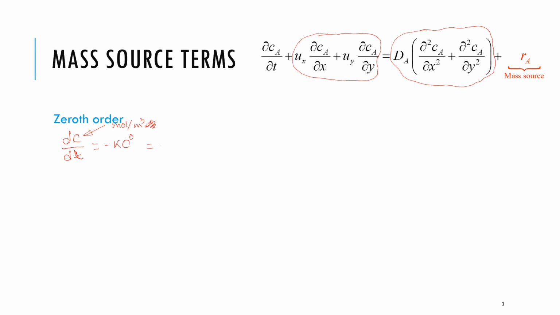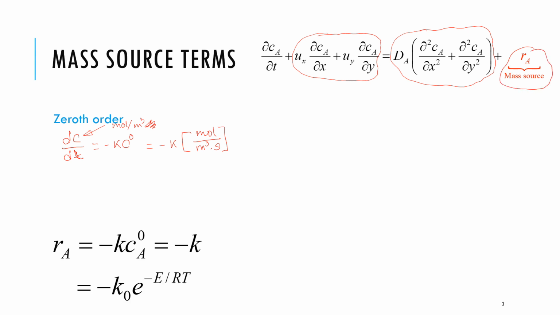And so this would be minus K, so its units would be moles per meter cube per second. Okay. So in the mass source term, what we write is this. So this will go into the mass source term.